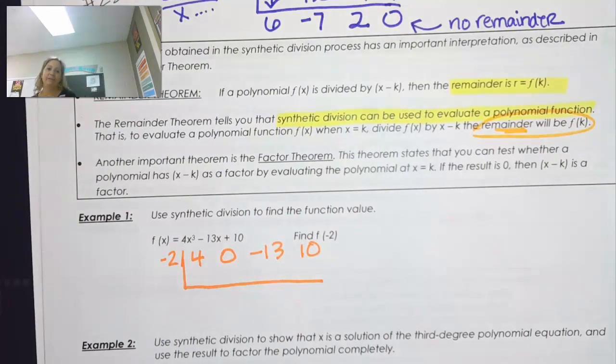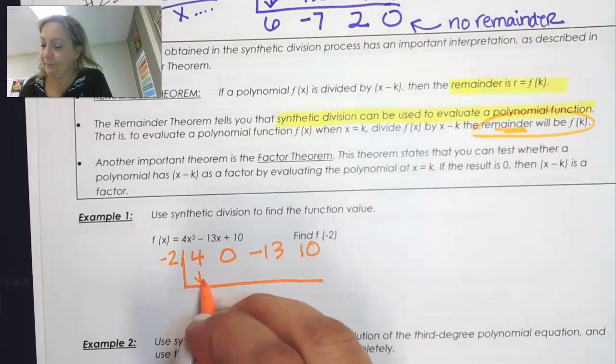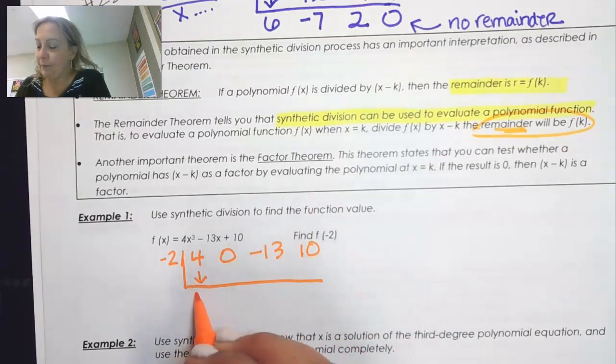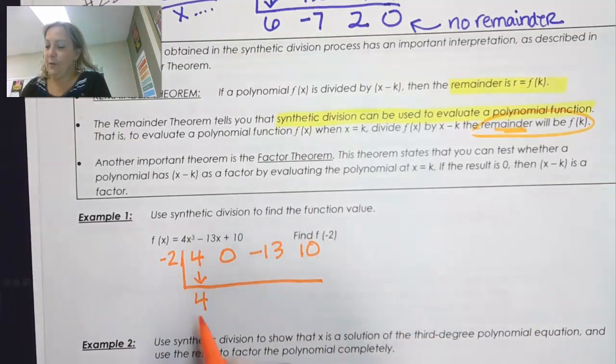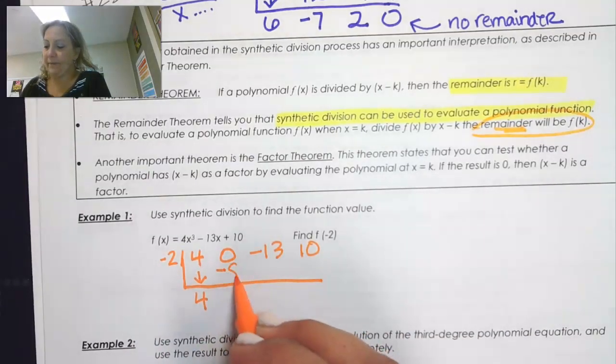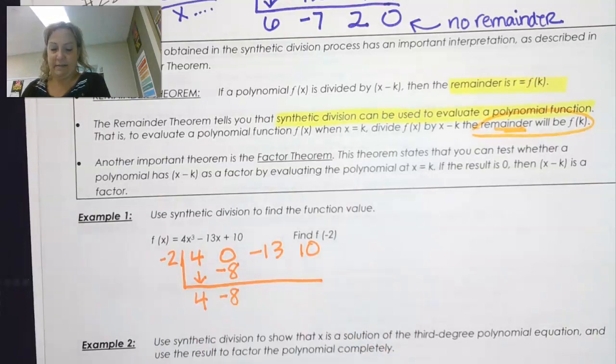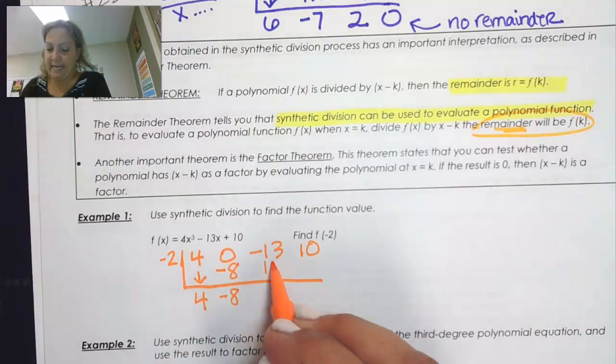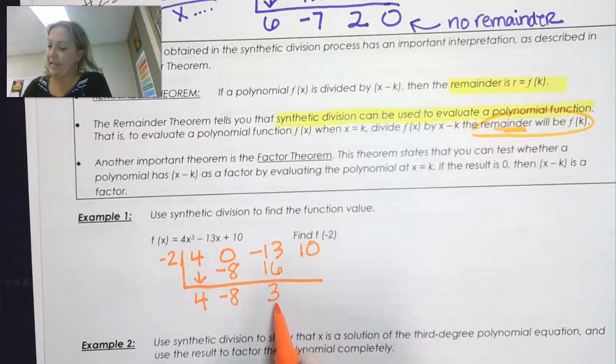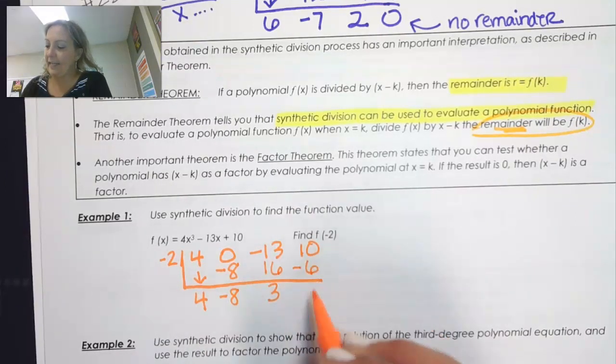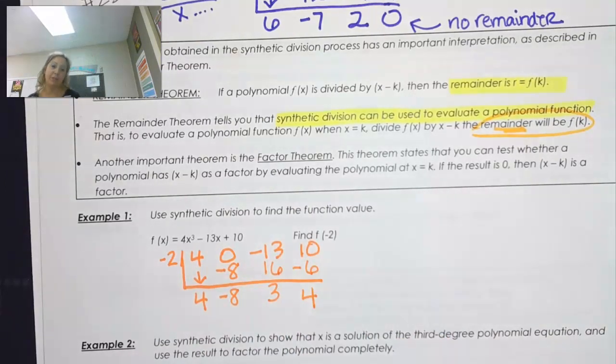So we'll put that negative 2 in, and then do the process of synthetic division. We'll bring down the 4, multiply and add, multiply and add, multiply and add. That's not too bad.